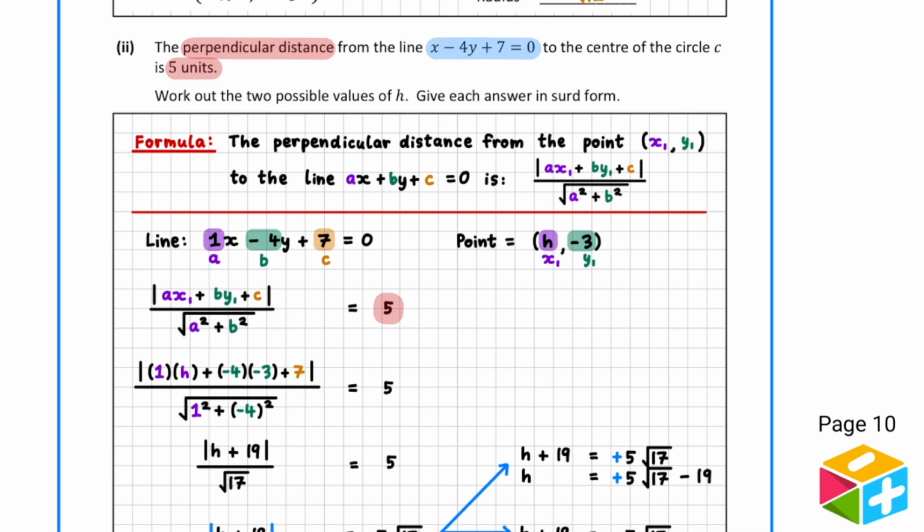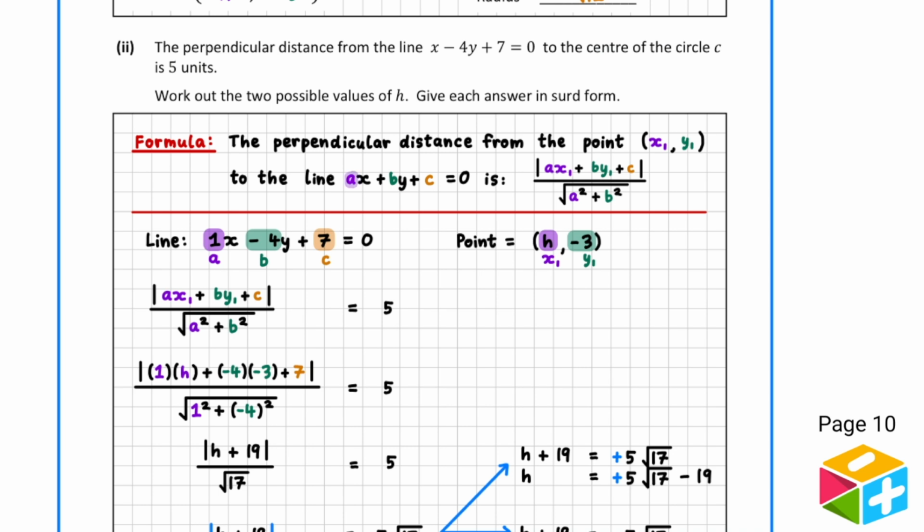The line that we're given can be written as 1x minus 4y plus 7 is equal to 0. The point that we have is the centre of the circle. In the previous part of the question, we found that this was (h, −3).